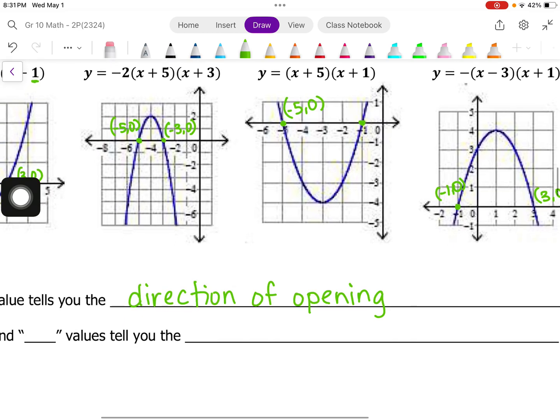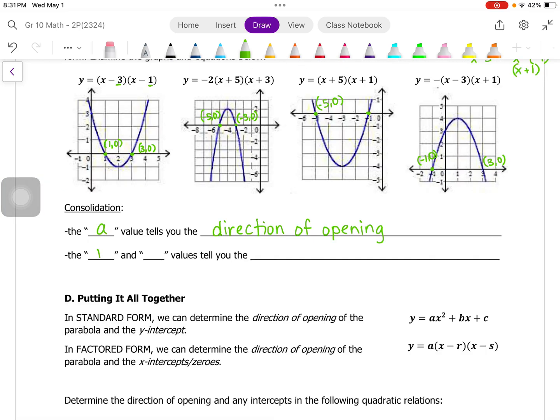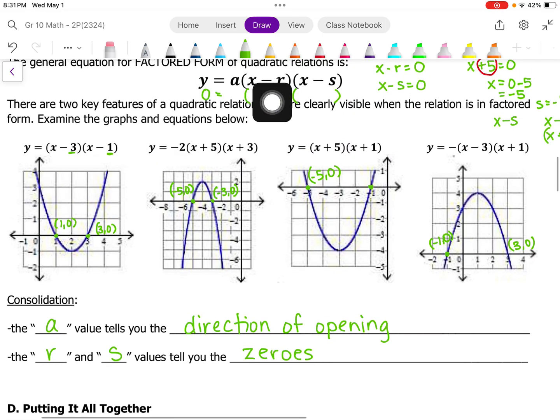So in factored form, the r and the s tell us the zeros. But once again, we have to be careful that it is not the sign in front of here, but the opposite for the actual value.